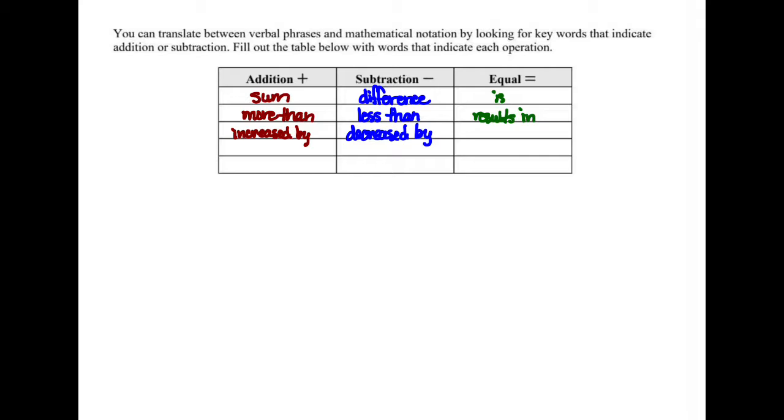Okay, now equal depends a lot on what your operation is, whether it's add or subtract. Like if you wanted to say total, that would be a sum, right? But you don't total a difference. Okay, so we're not going to use that one. Okay, so we'll come back and add more if we have any, okay?